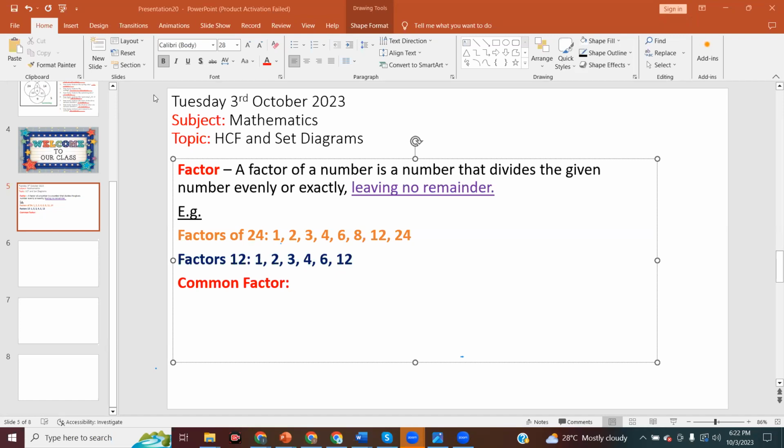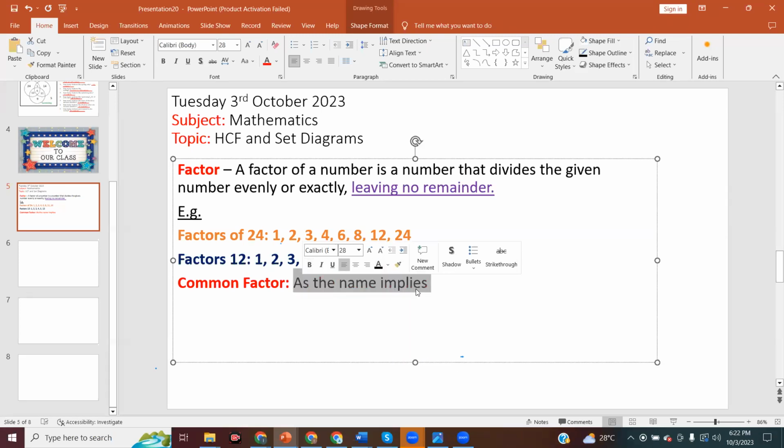Just to find the common factor. As the name implies, because it's say common, right? Common means that is alike in both, all right? Both share it.